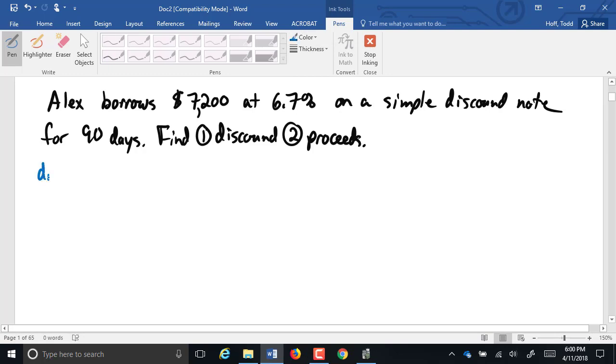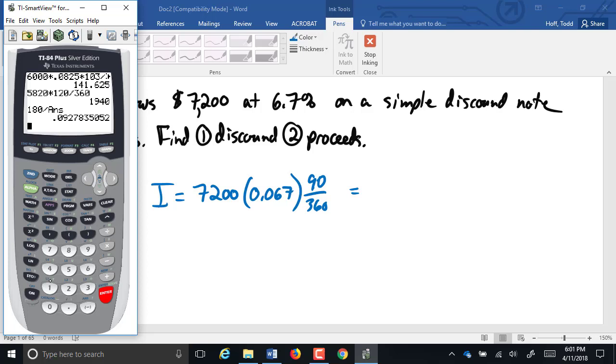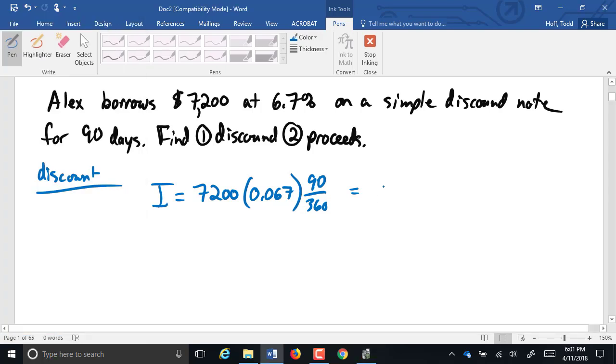So to find the discount, it is just I equals PRT. What's our principal? 7,200. What's our rate? 0.067. What's our time? 90 over 360. Giving us interest of $120.60. Does that look right?